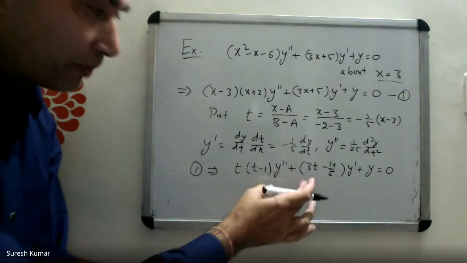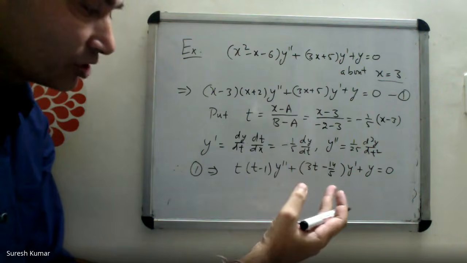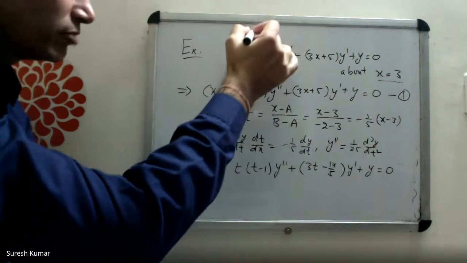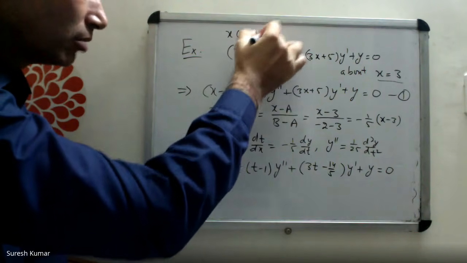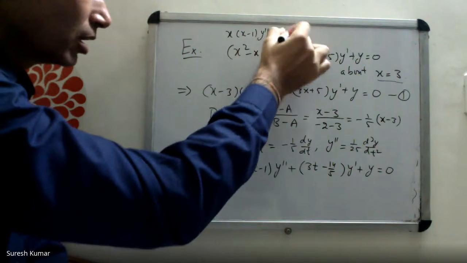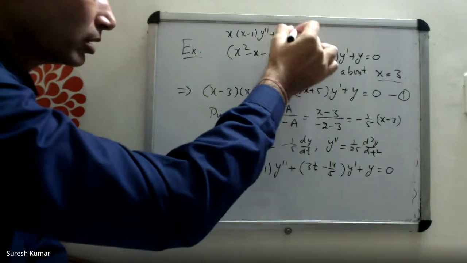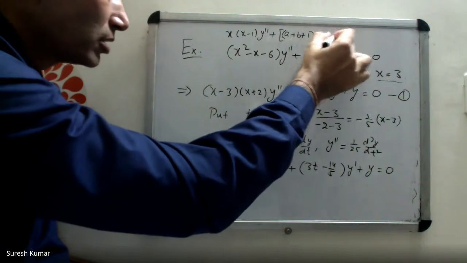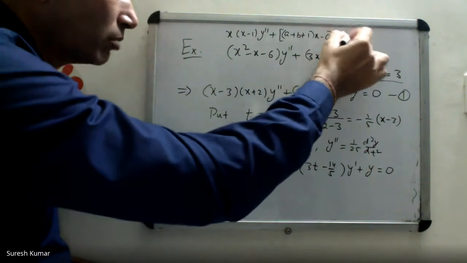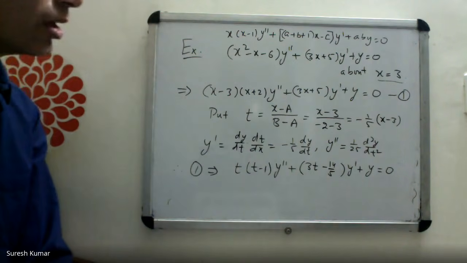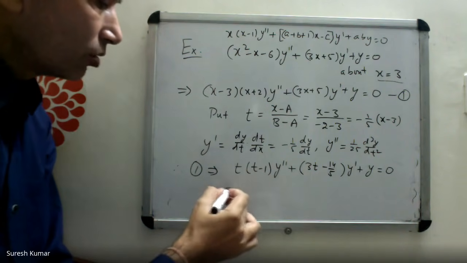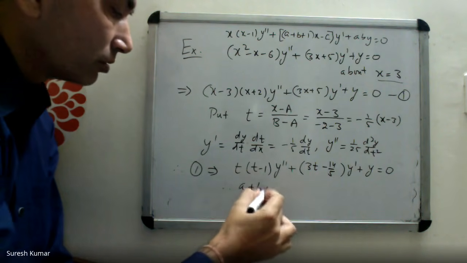Okay, now compare this one with the general hypergeometric differential equation. What is that? x(x minus 1) y double prime plus ((a plus b plus 1) x minus c) y prime plus ab y equal to 0. Compare with this one and see what a plus b plus 1 is.